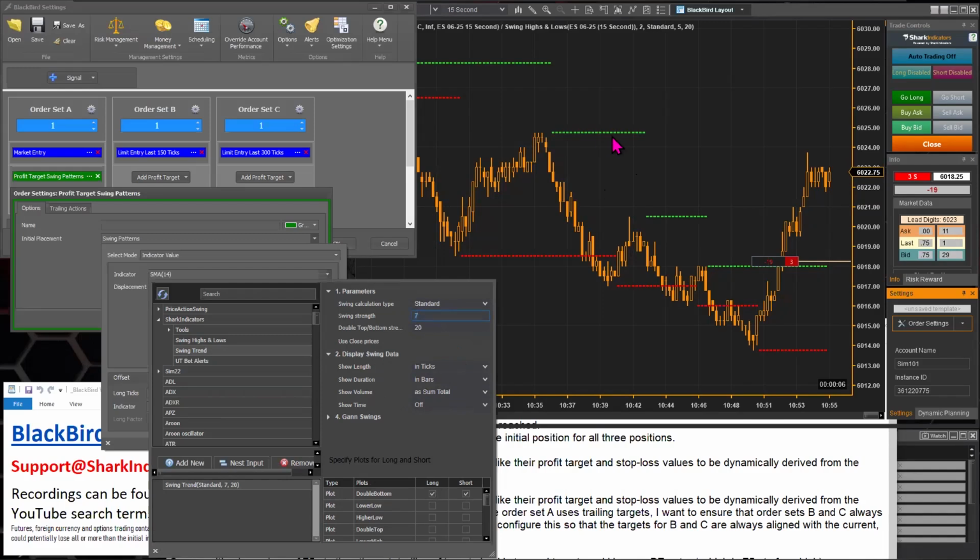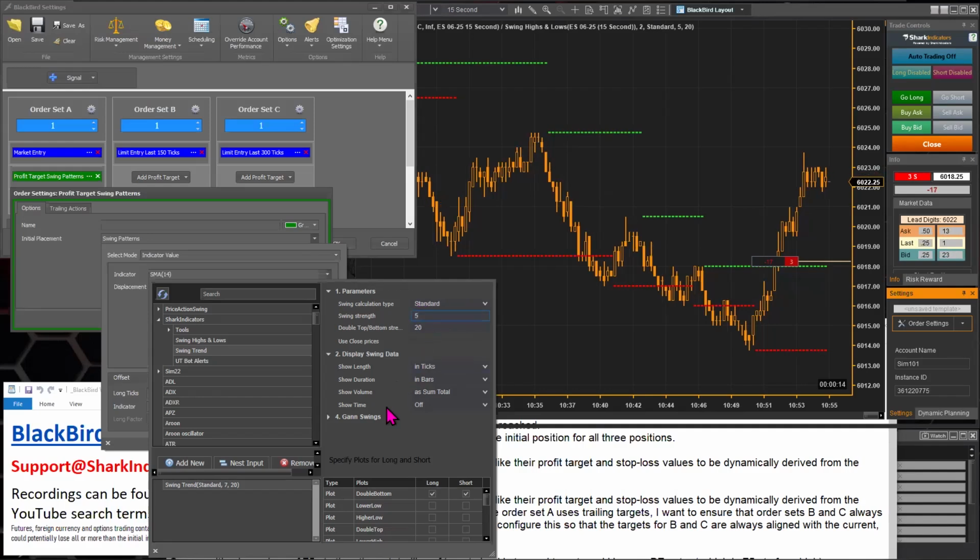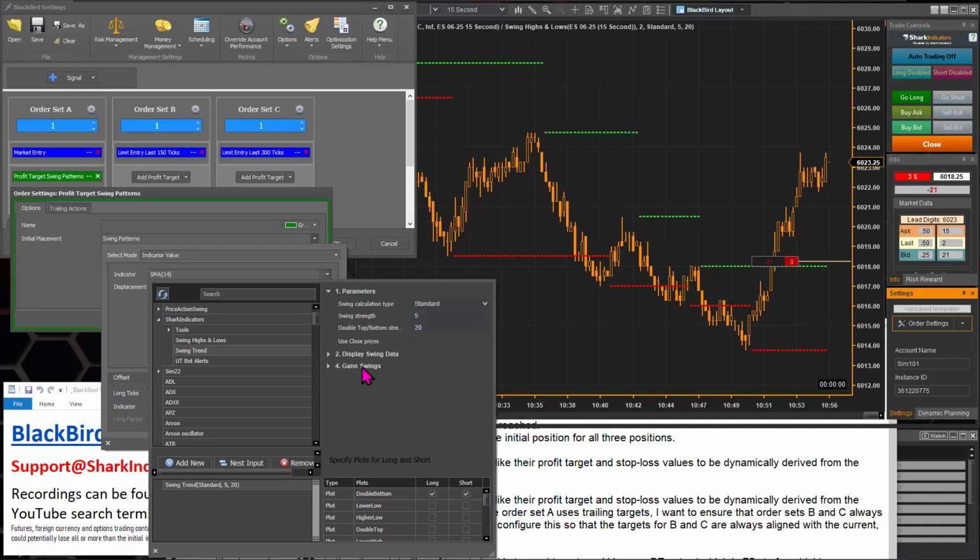Because it looks exactly like setting up the indicator on the chart there. So I'm just going to knock this down to 5 there. And let's see here. You don't really need to do this, but I'm just going to turn all this stuff off just for good measure. There.